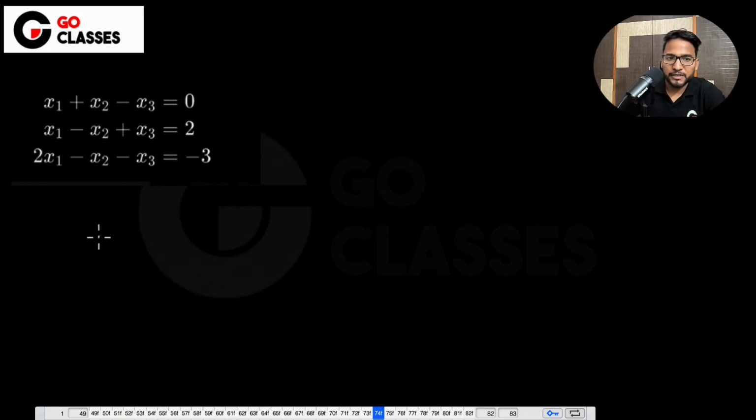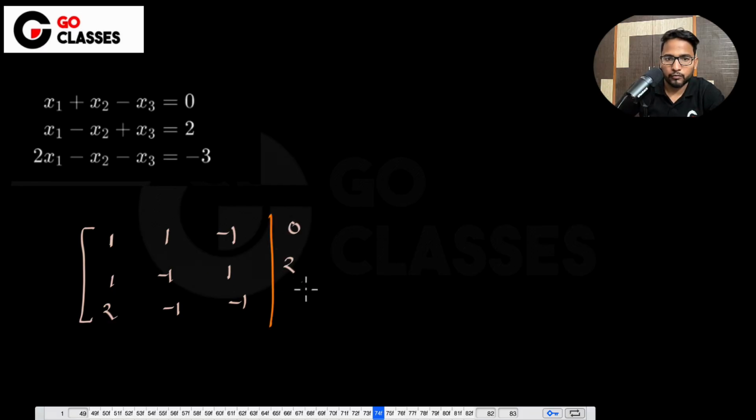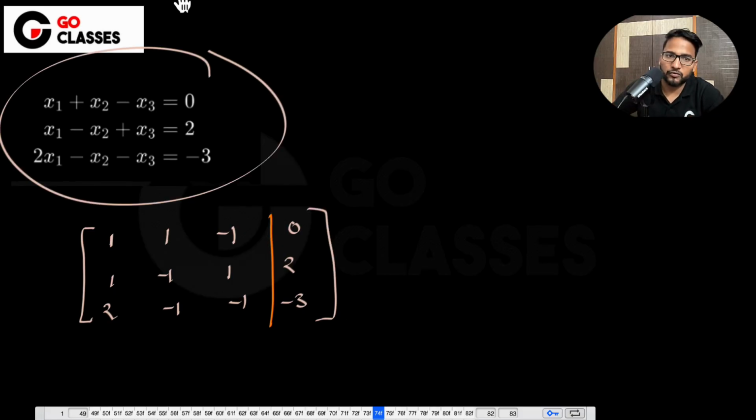So let me first represent this set of equations in augmented form, which means it will be 1 1 minus 1, and then 1 minus 1 1, and then 2 minus 1 minus 1, and here you will be writing 0 2 minus 3. This is the matrix form of this set of equations.